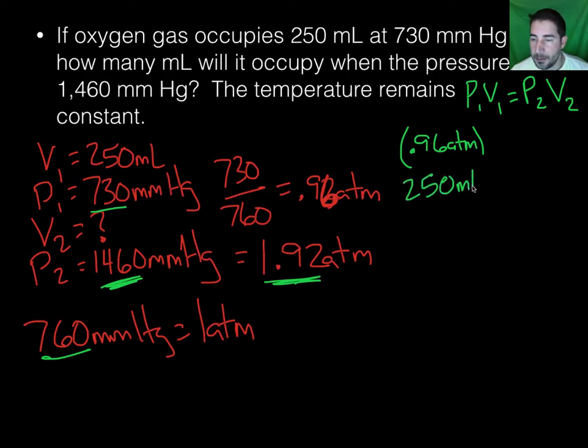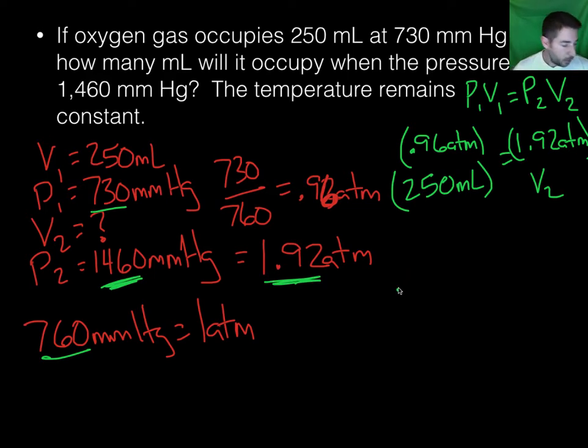It equals my P2, 1.92 ATM, times my V2. All right, real quick, we do the math. Well, first of all, I've got to solve for V2, so I've got to get V2 by itself.